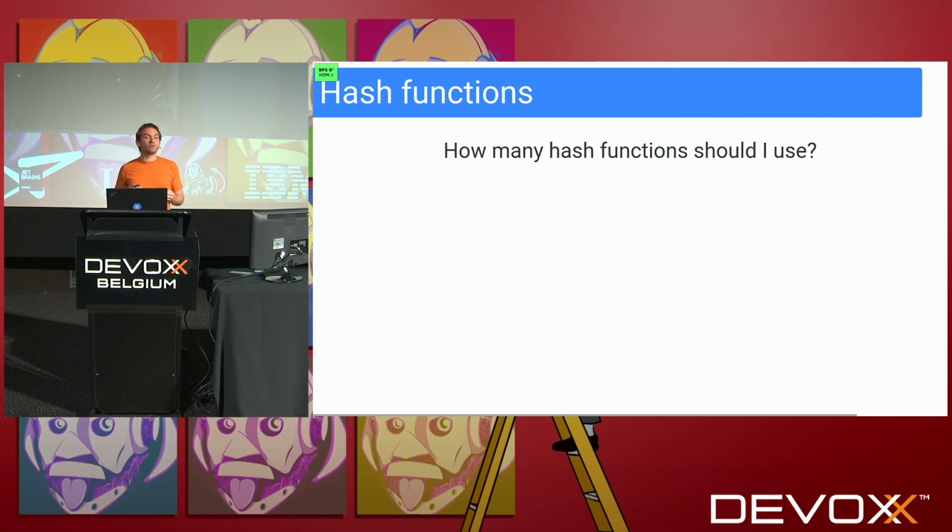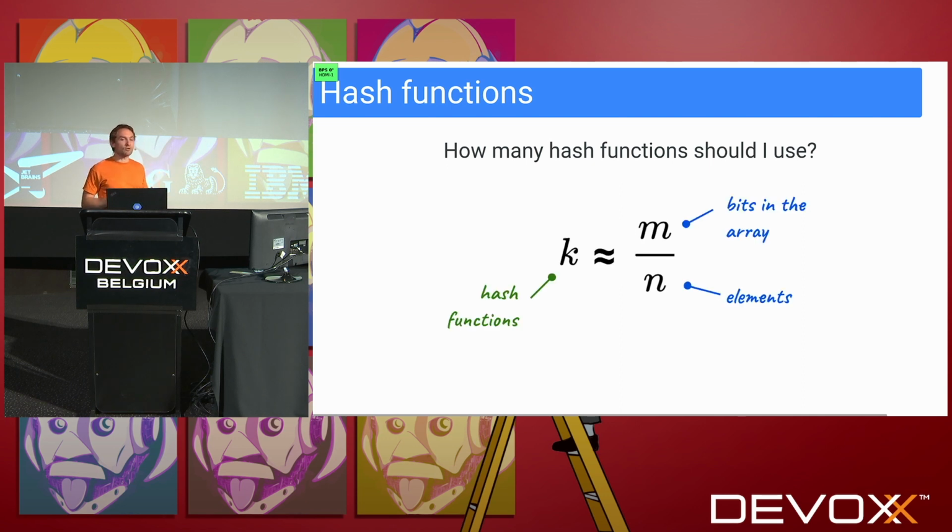It's a trade-off between too few hash functions and too many. So there must be some kind of optimum. And indeed, there is a formula to compute the optimal number of hash functions, that's value k, depending on the number of elements and the size of the bit set. The constant factor log 2 here is not important, so let's put it this way.